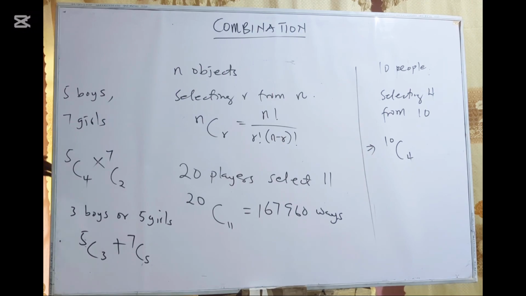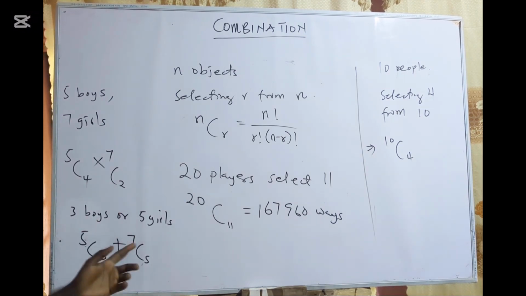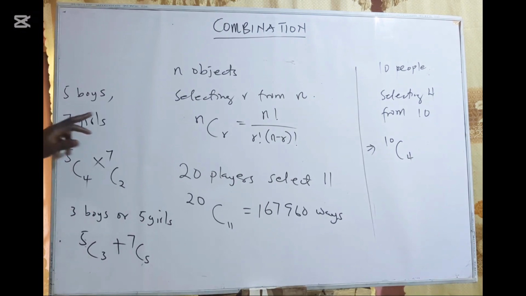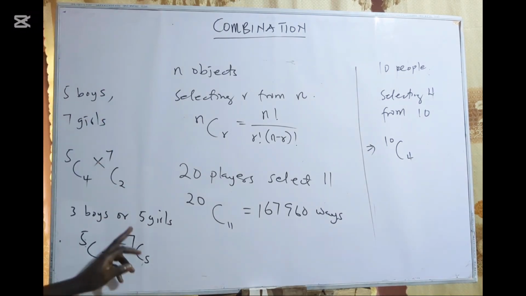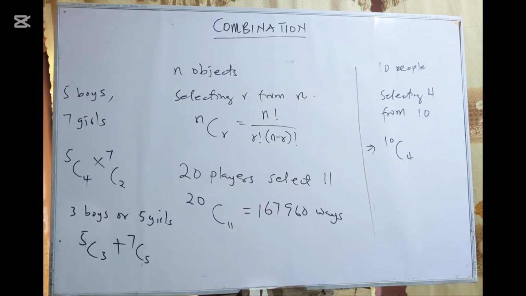If I want to select 3 boys, there are only 5 boys, so 5 combination 3. Or if I want to select 5 girls, there are only 7 girls, so that will be 7 combination 5. So that will be 5 combination 3 plus 7 combination 5. I think this is so simple about combination.